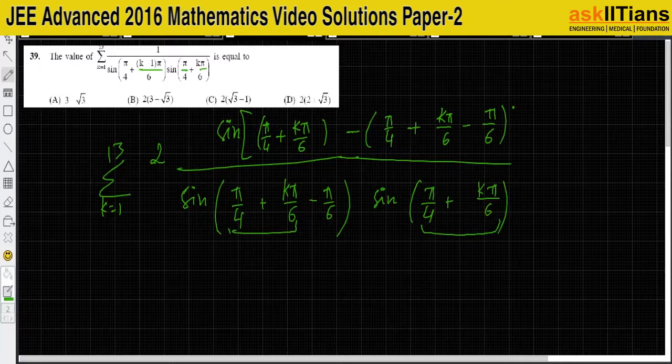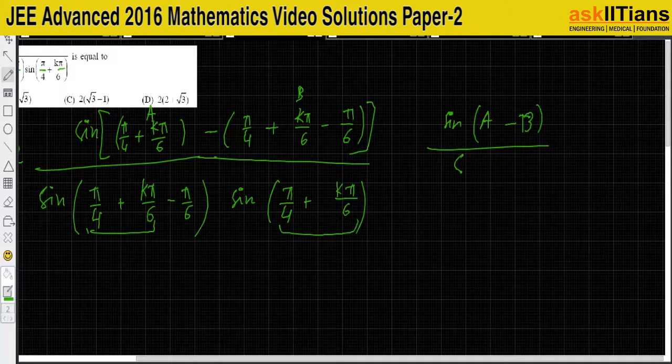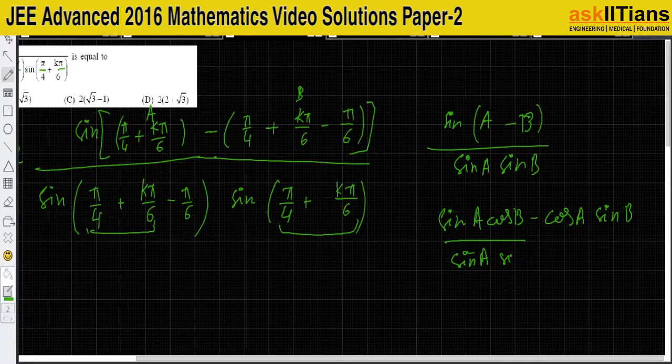So basically we need to create a difference of two terms somehow. And how will I create a difference of two terms? By writing it like this. Let me consider this as angle A and this as angle B. So what is our numerator? Our numerator is sine of A minus B, and the denominator is sine A sine B. If I expand this, sine of A minus B will be sine A cos B minus cos A sine B, divided by sine A sine B. Let me separate out the denominators.